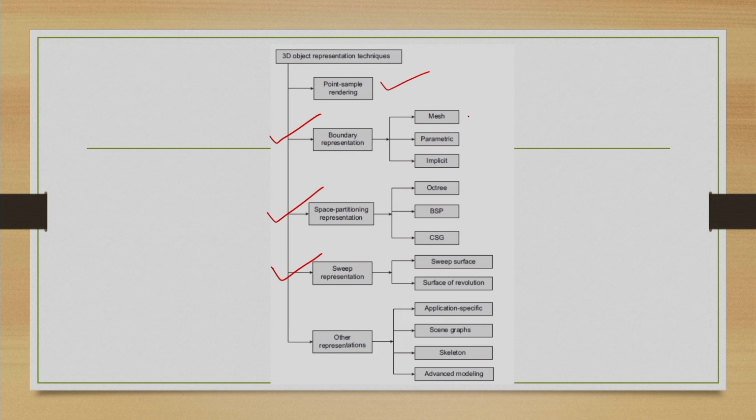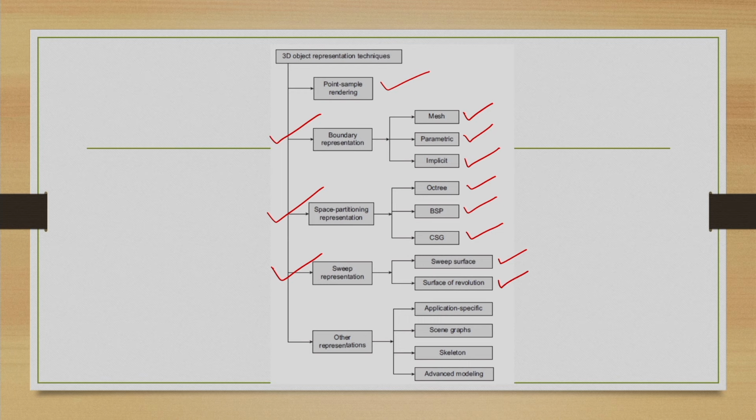Boundary representation has 3 subcategories: mesh representation, parametric representation and implicit representation. Space partitioning has 3 subcategories: octree representation, BSP representation and CSG representation. BSP stands for binary space partitioning, whereas CSG stands for computational solid geometry. In sweep representation, we have 2 techniques: sweep surfaces and surface of revolution.